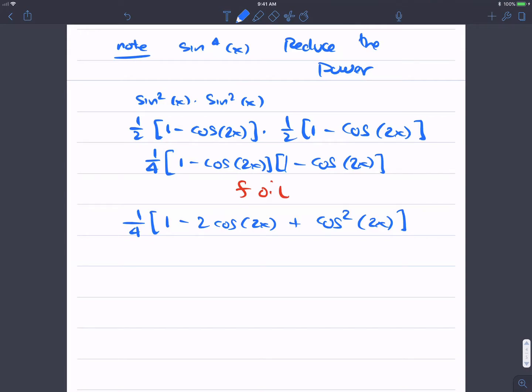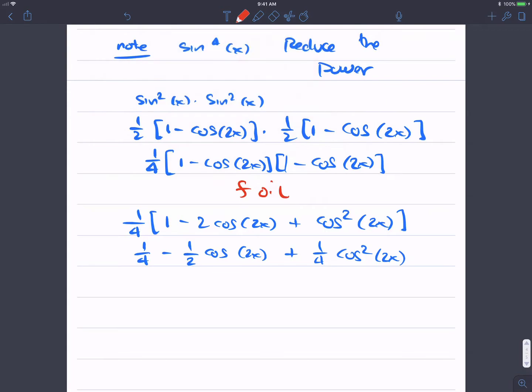This is simply FOIL. So now what I'm going to do here is let's distribute. So we'll have 1/4 minus 1/4 times 2 gives me 1/2. And I'll multiply the last term here by 1/4. So we're going to distribute.